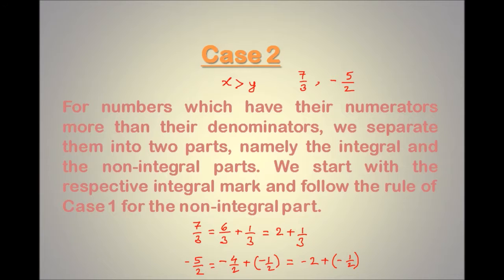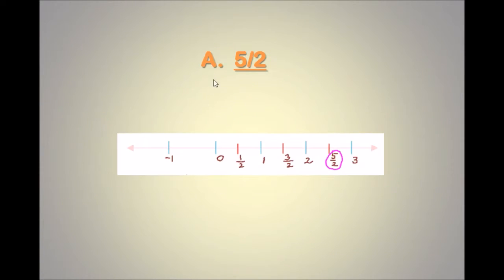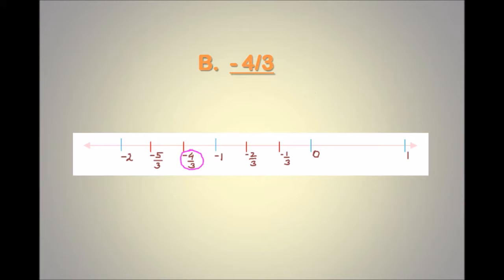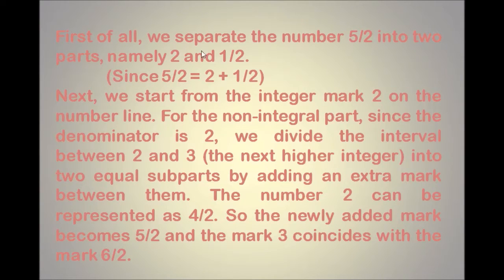Okay. So we are taking the first example as 5 by 2. Let us go to the text part. The number is 5 by 2. So we have separated this 5 by 2 into two parts.